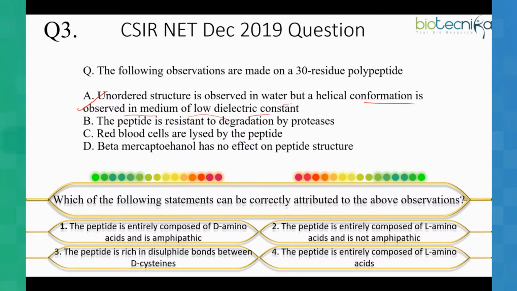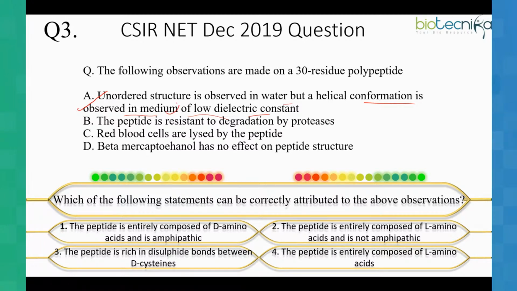So what exactly is low dielectric constant? It means that the medium is hydrophobic or non-polar in nature. It is a measure of polarity, you can say. If the dielectric constant is high, then it will be a polar environment.